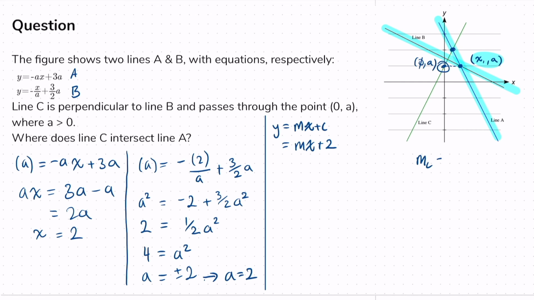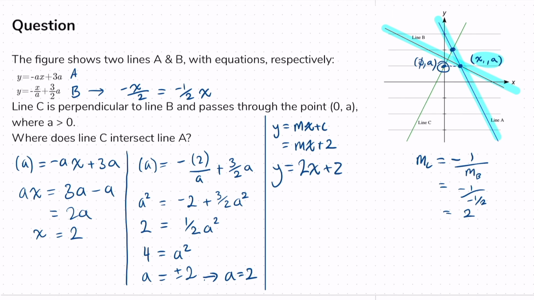Well, that means it is equal to the negative reciprocal of line B. And looking at line B, we have this here, of A, which we know is 2, which is equal to negative half times x. So my m of C is equal to negative 1 over negative half, which gives me positive 2. So 2x plus 2 is my equation for line C. So we're almost there.